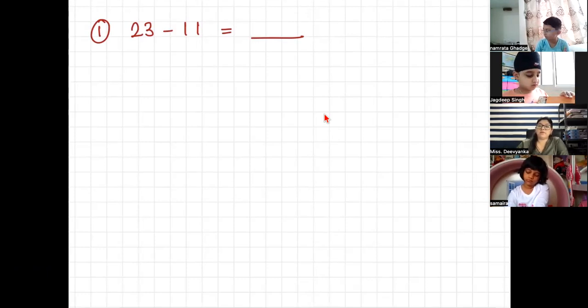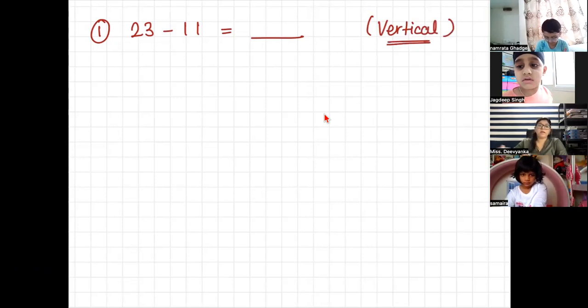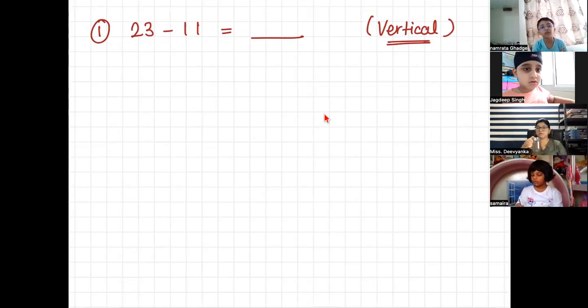23 minus 11. You have to do this using what? Vertical method. First, arrange it correctly and then solve it. 12, ma'am. Okay. What about others?